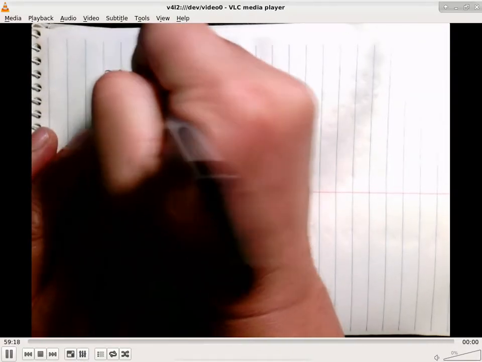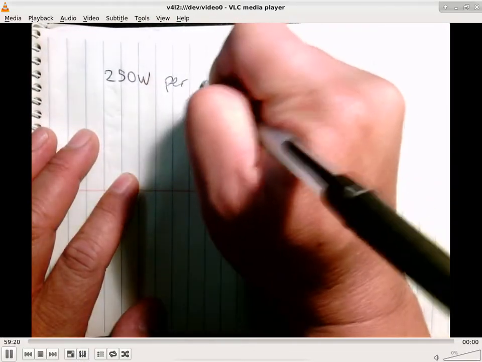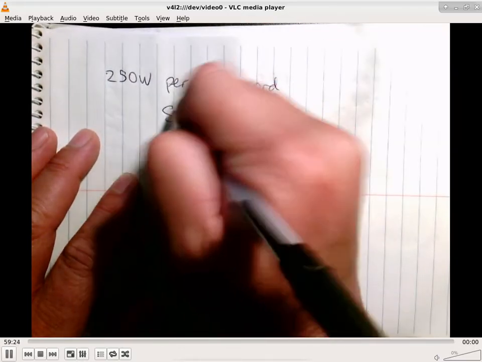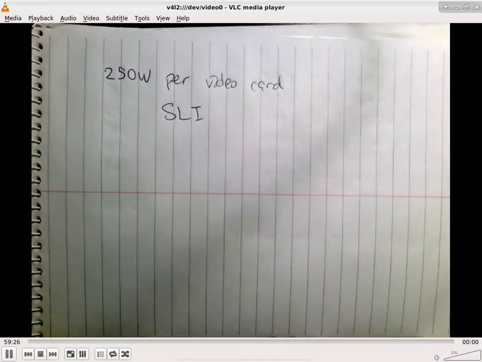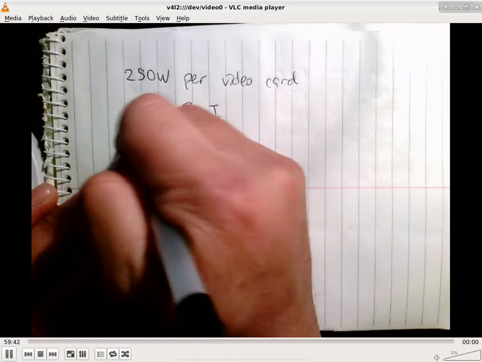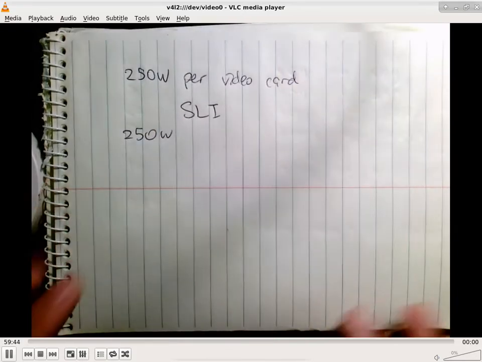So you have 250 watts per video card, and there's a technology called SLI that lets you link multiple cards, not just 2. You can have as many as your motherboard supports. But let's say you only have up to $2,000 to spend on the PC, so you can only buy 2 of these cards. So now you have 2 of these things, 250 plus 250 watts.